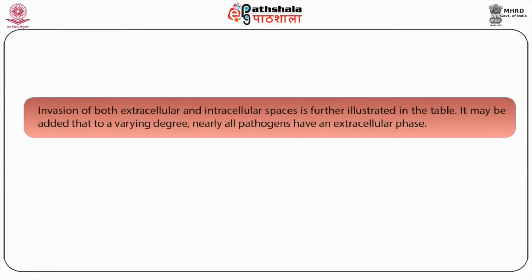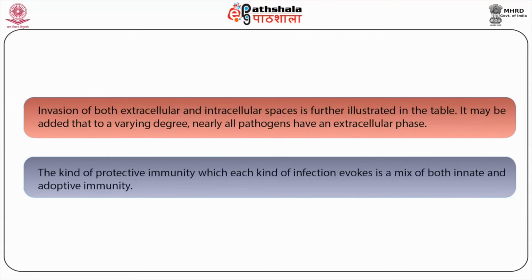The invasion by pathogens can be in the extracellular or intracellular space. This is shown in this table. It may be added that, to a varying degree, nearly all pathogens do have an extracellular phase. The kind of protective immunity each kind of infection evokes is a mix of both innate and adaptive or acquired immunity.